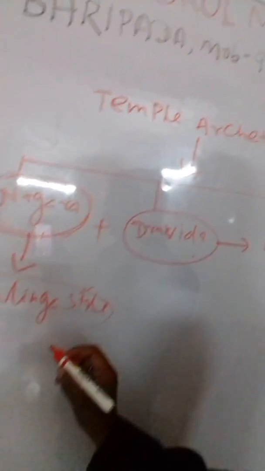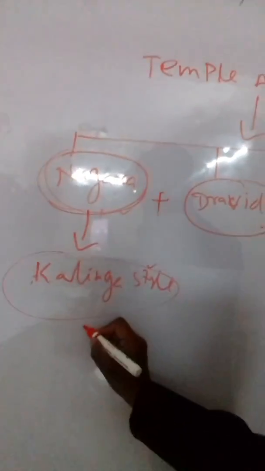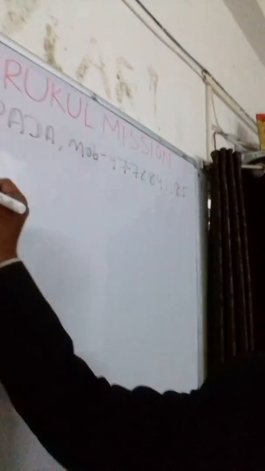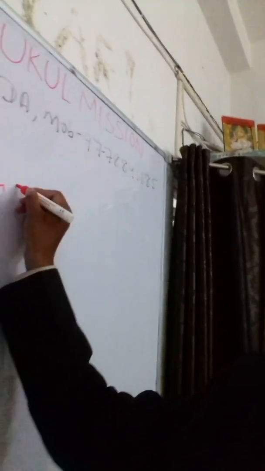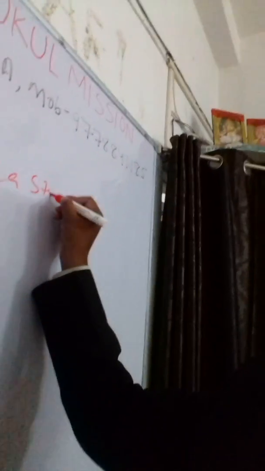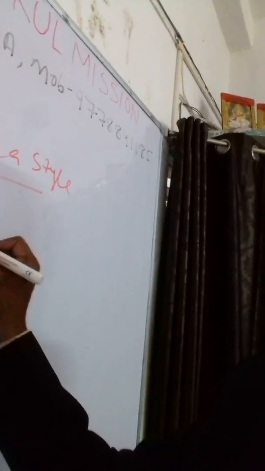In our temple architecture, that is the Kalinga style, we see three types of temples. One is your Rekha temple.